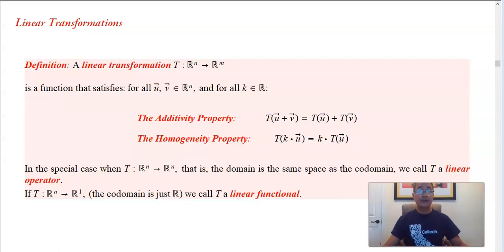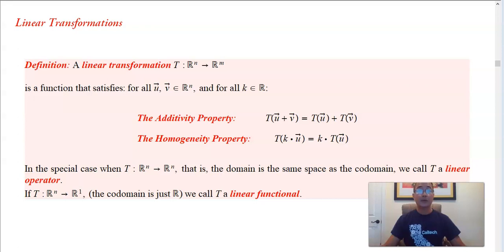However, a linear transformation is more than just a function. It has to fulfill or satisfy two properties, the names of which we have actually seen before. So a linear transformation T from Rn to Rm is first of all a function, but it has to satisfy that for all vectors u and v from the domain Rn, and for all scalars k, we have the additivity property.